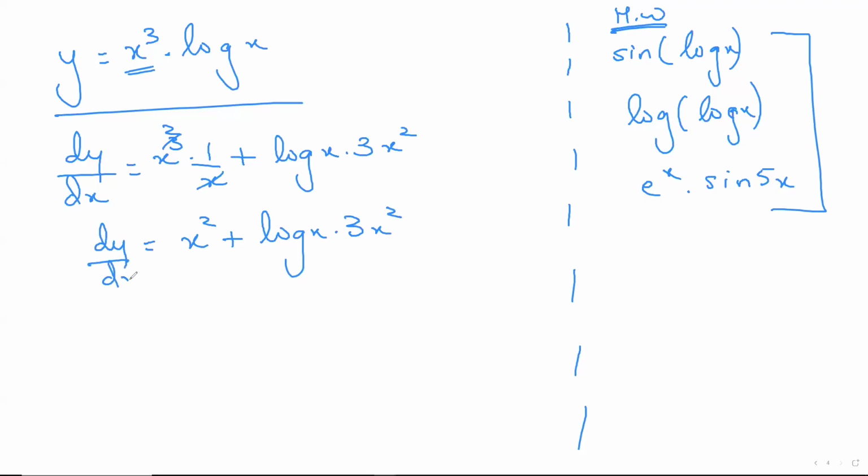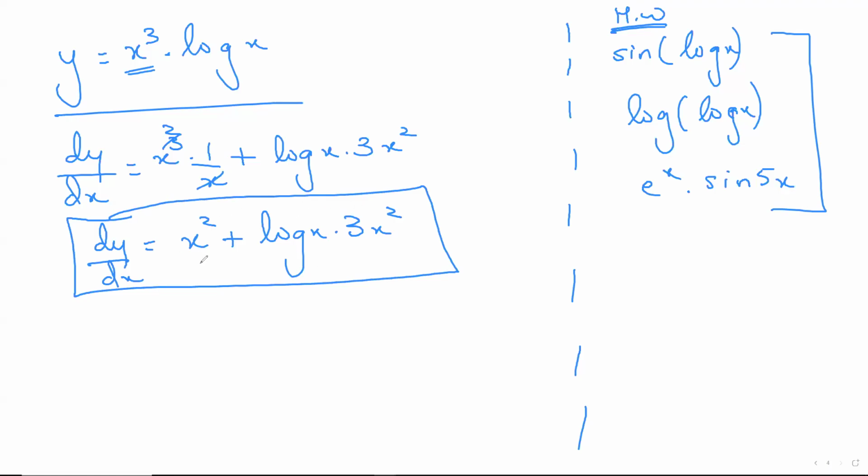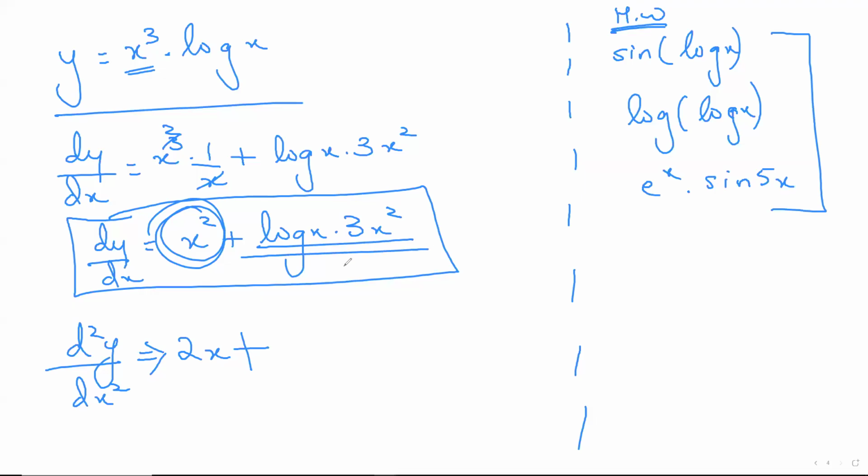Okay, but I am supposed to differentiate this also again. So it becomes d square y by dx square. So first term, if you differentiate, you get 2x. Put a big plus. How do you differentiate the second part? Again, by using product rule.